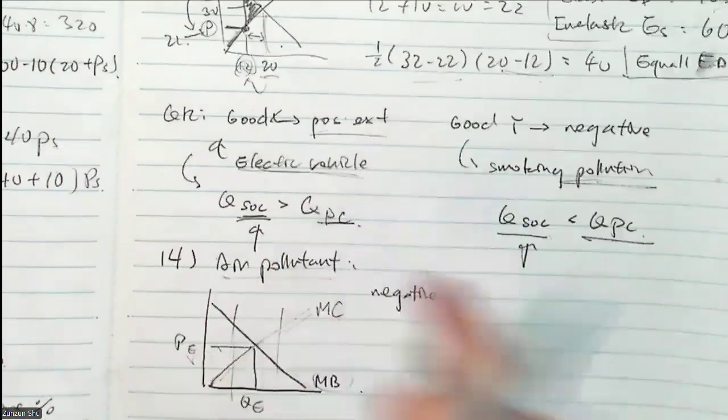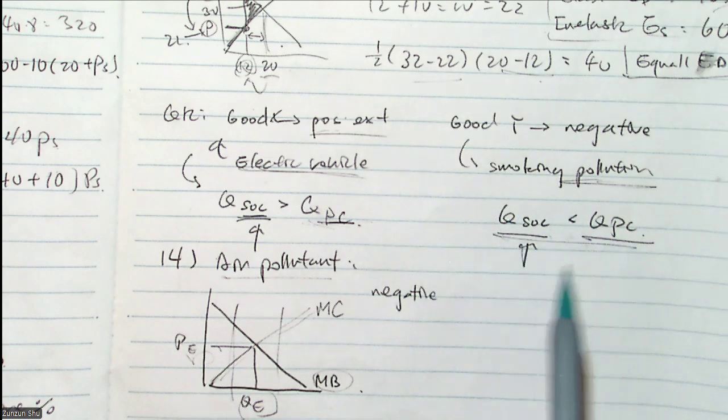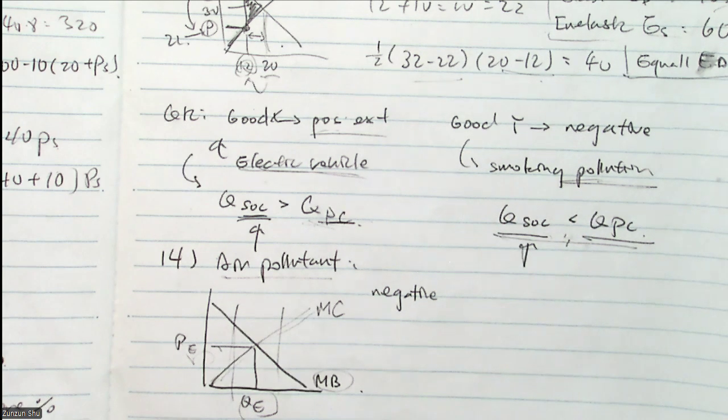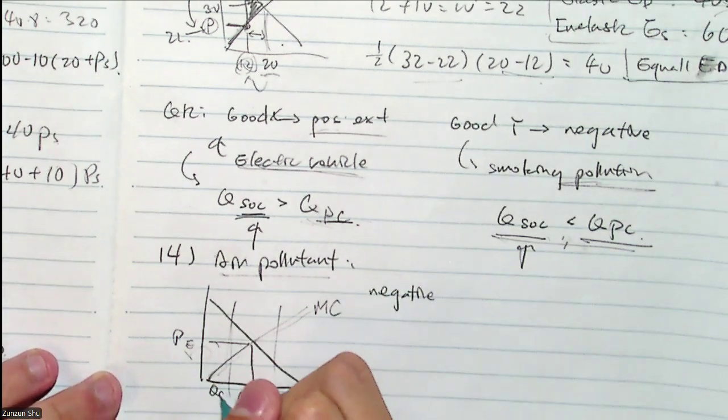It's just like the relationship we derived here. Right now we have Q equilibrium, but this is a negative externality. You don't want that much of it. You don't want that many people smoking or making these crappy plastic containers that damage the environment. So that will be Q sock.